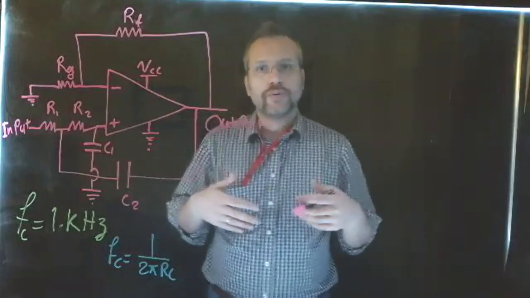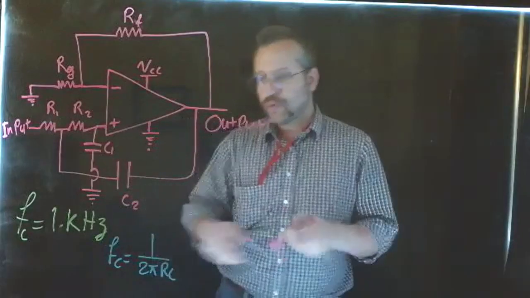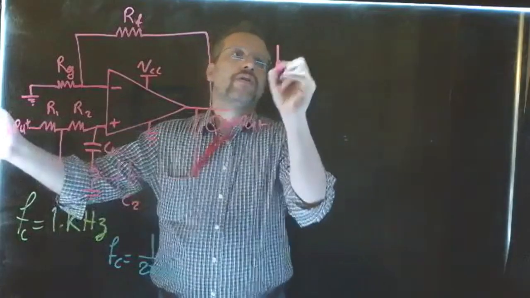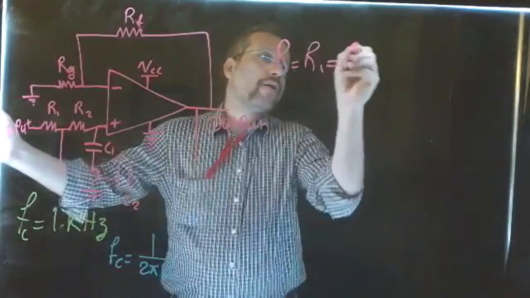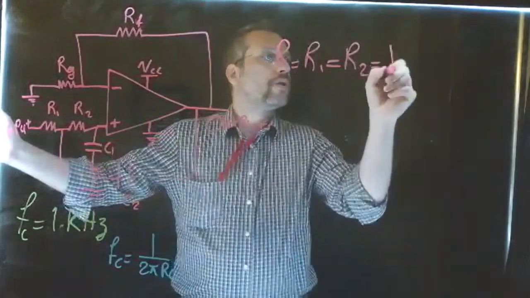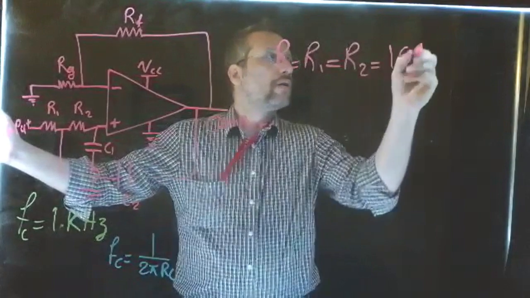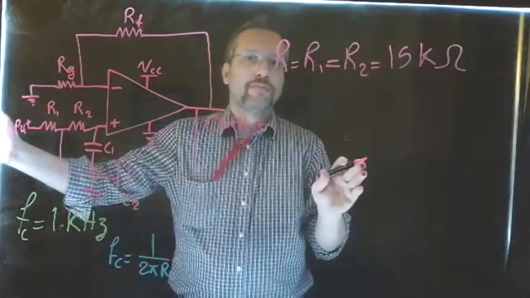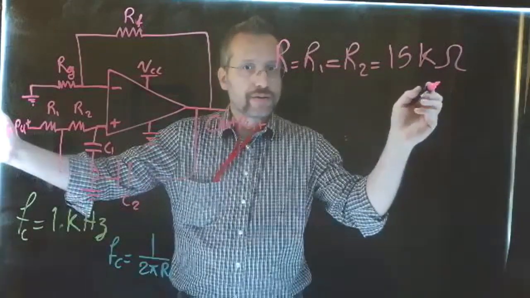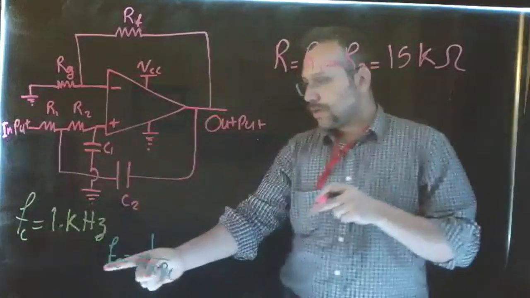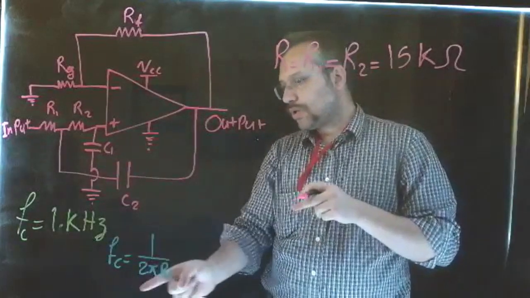It's easier to set the resistor as an input, so I'm going to consider R, which is both R1 and R2, equal to 15 kilo.